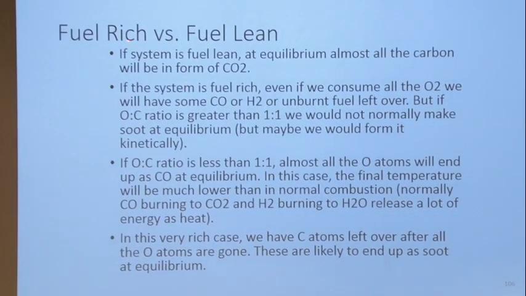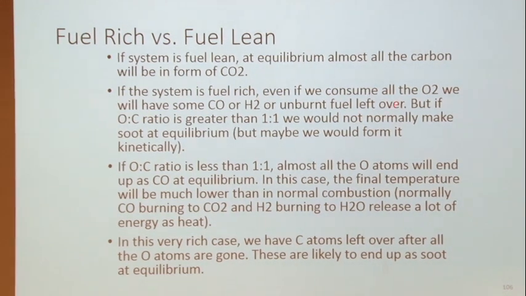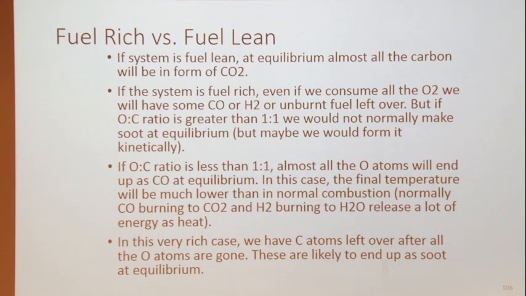If you have fuel rich and fuel lean, this is a very critical thing. If it's fuel lean, then the carbon will be in the form of CO2. If it's fuel rich, you'll typically have CO and hydrogen left. If you're only a little bit rich, so the O to C ratio is greater than 1 to 1, then you don't make soot.